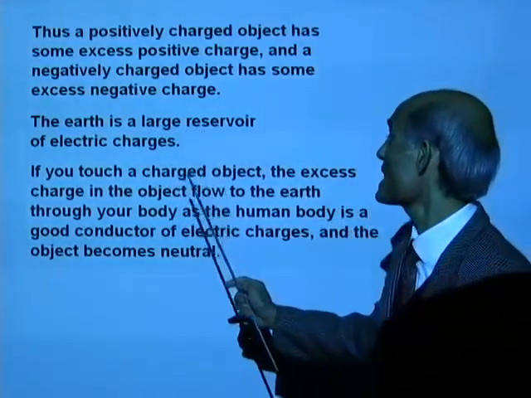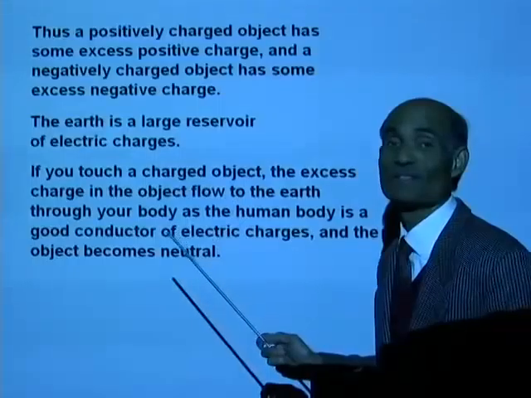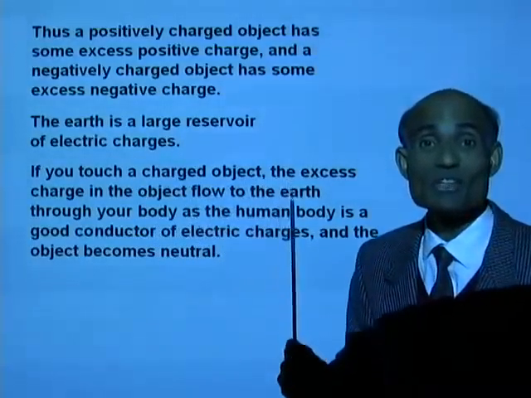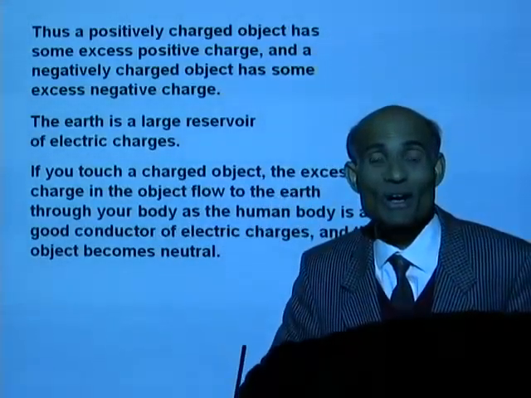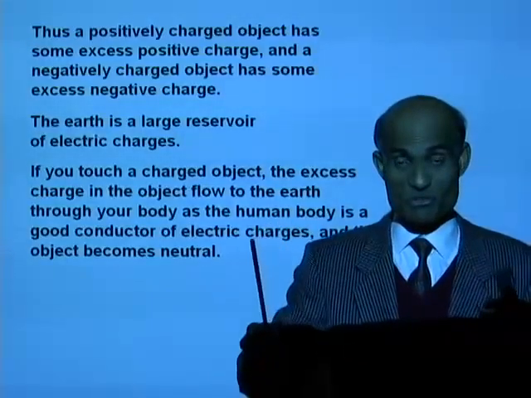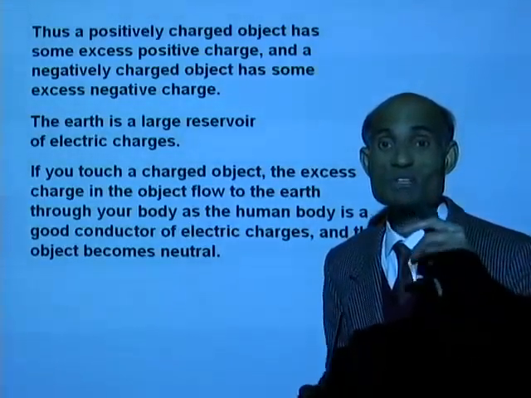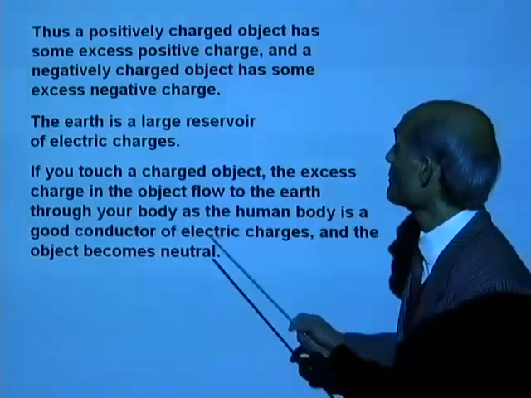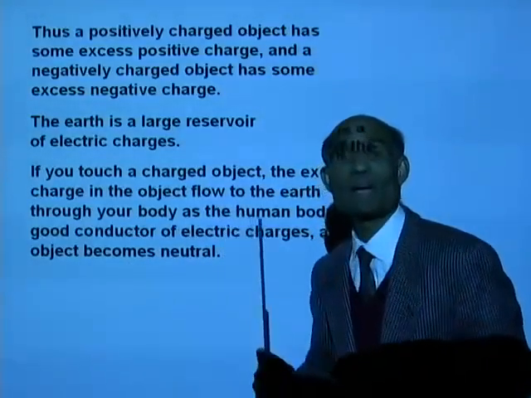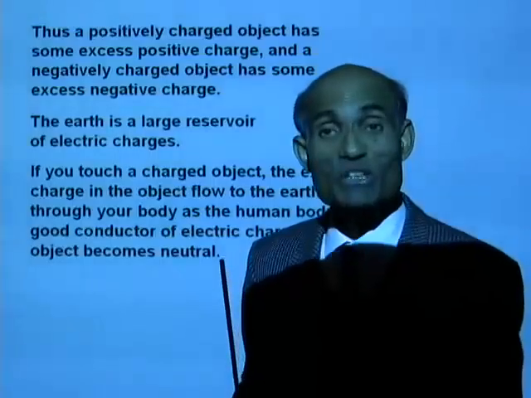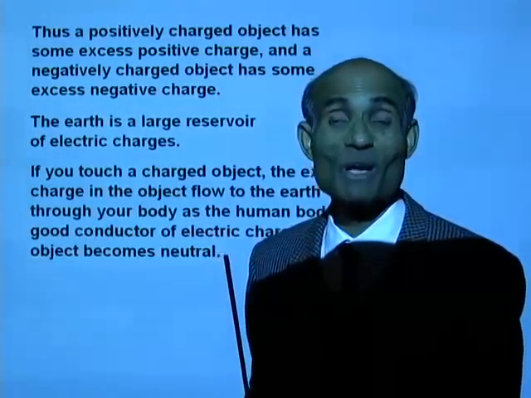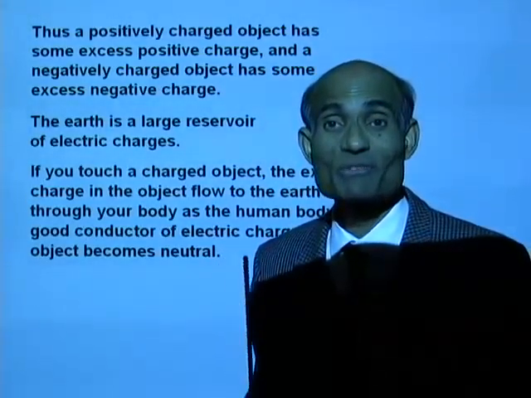That means if you touch a charged object, the excess charge in the object will flow to the Earth through your body, as I just showed you when I was discharging the electroscope. Now, that means the object will become neutral. Any charged object will become neutral when you connect it to the Earth.